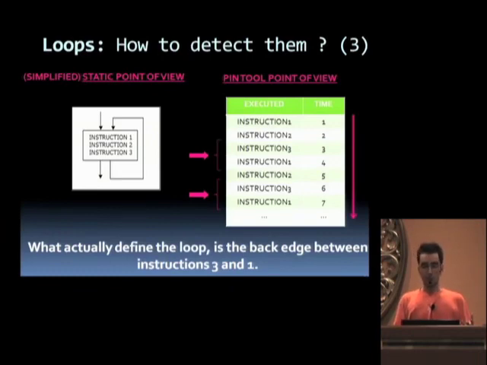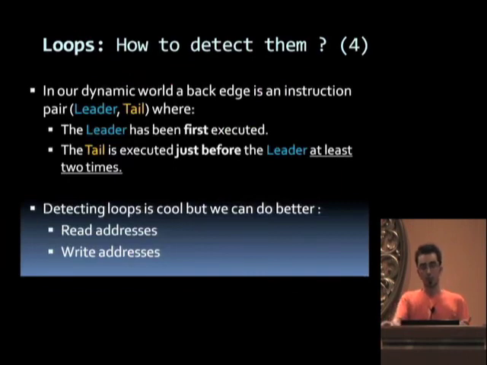So in the dynamic world, we define a back edge as an instruction pair composed of a leader instruction and a tail instruction. The leader instruction has been executed first. So in the execution trace, you have the leader instruction first, and after that, you have a tail instruction that is executed just before the leader, at least 2 times. Why at least 2 times?